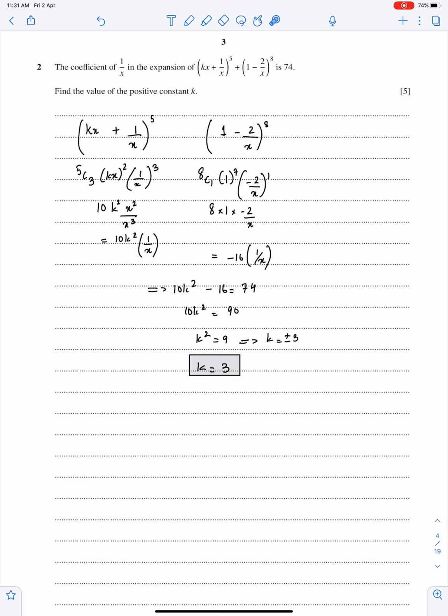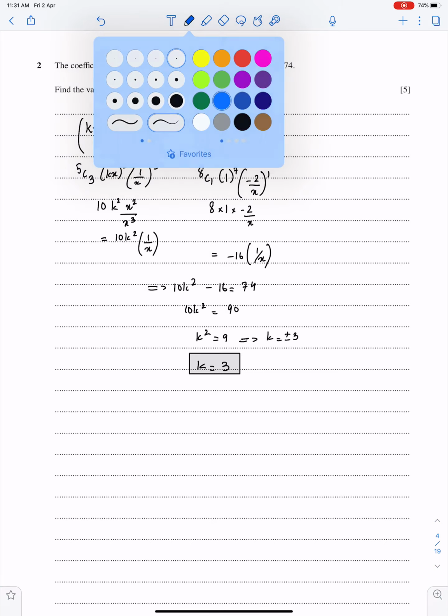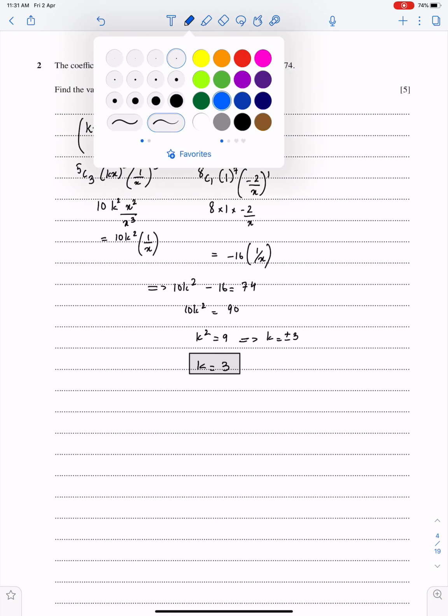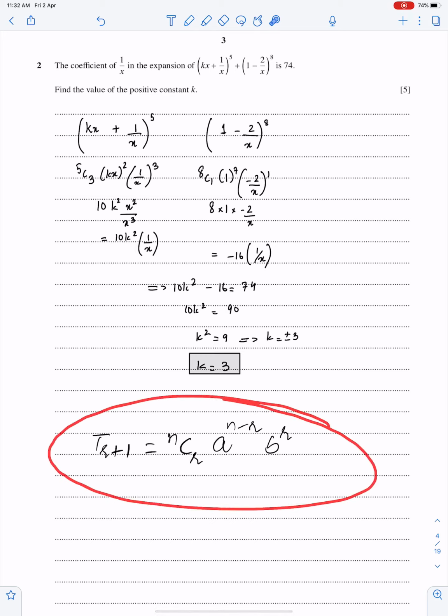And this is the formula of T(r+1). So with the help of this formula, we can get the term which contains the coefficient of 1 upon x.